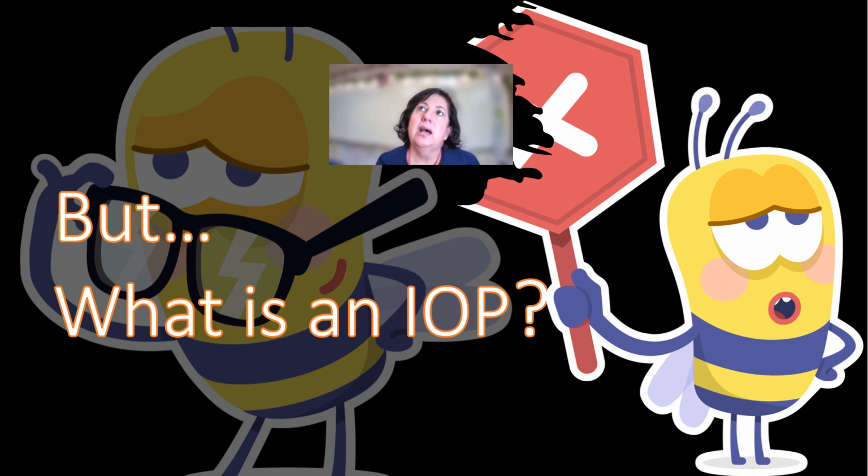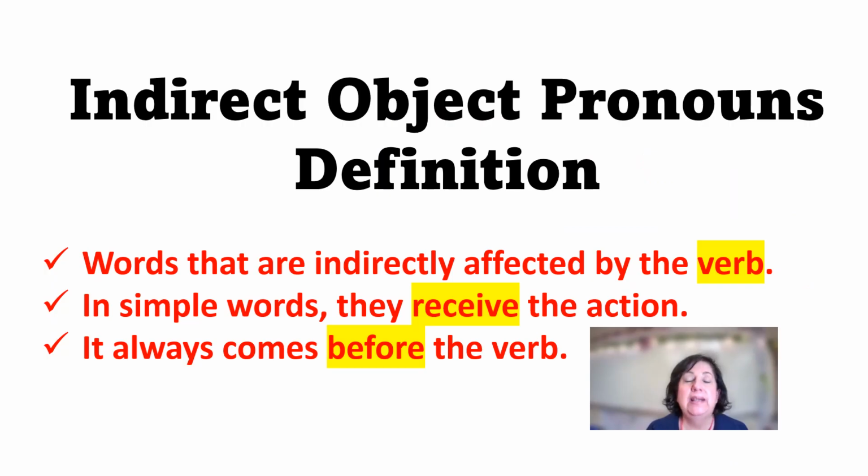But what does IOP mean? What is an indirect object pronoun? Let's dig into it. These are words that are indirectly affected by the verb. So the verb in this case will be gustar. So I am going to be indirectly affected by this verb because something is going to be pleasing me, like chocolate.